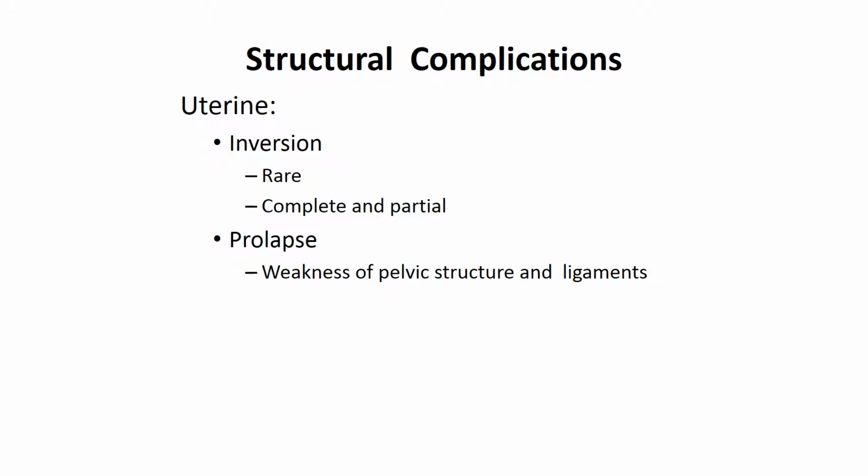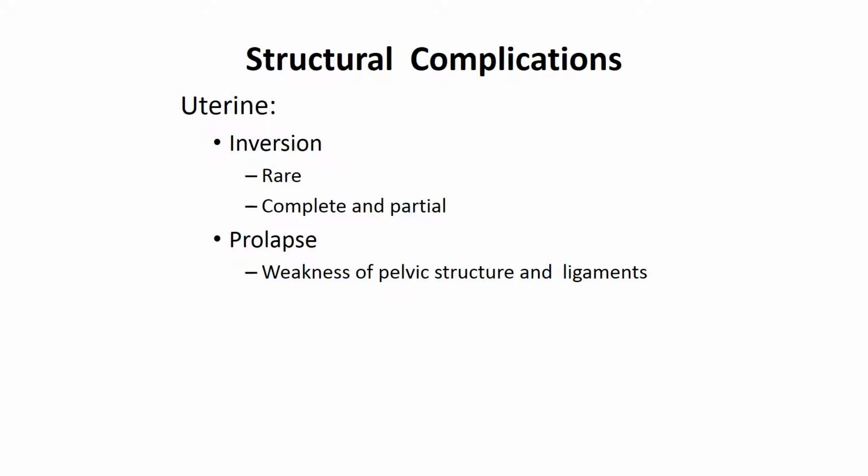Another reason that we could see an inversion is what's called a vigorous fundal massage, where the doctor's trying to massage to get the placenta out, or excessive traction on the cord. Signs and symptoms are obviously in the complete, you can see the uterus come out. In a partial, it's sometimes just felt.